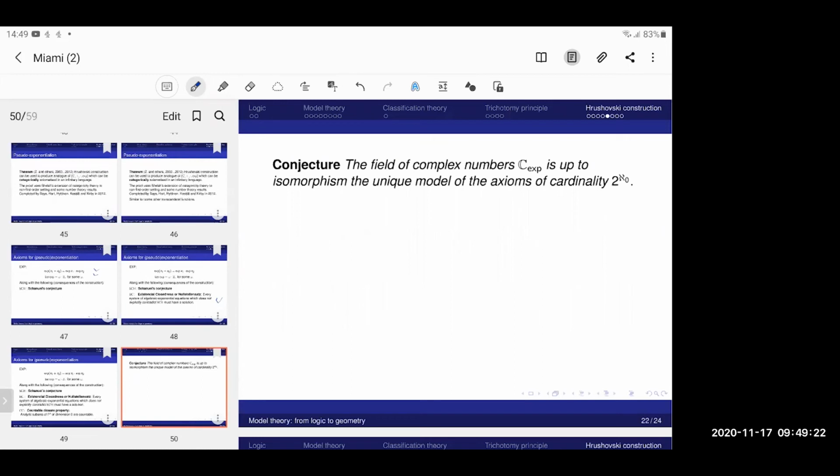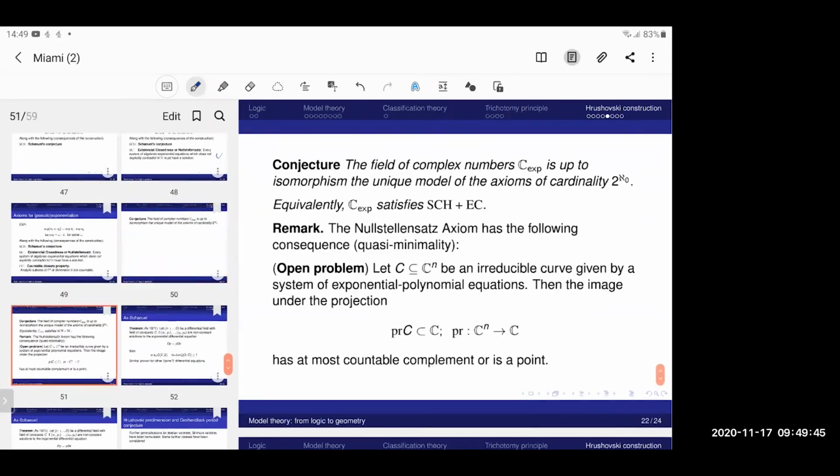We know from our theorem that the model can only be unique, and the model does exist. What we don't know is that the complex exponentiation does satisfy all these conditions. And of course, the first one that we don't know is whether it satisfies Schanuel's conjecture.